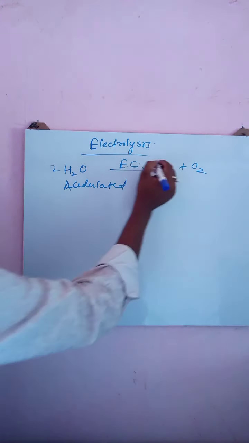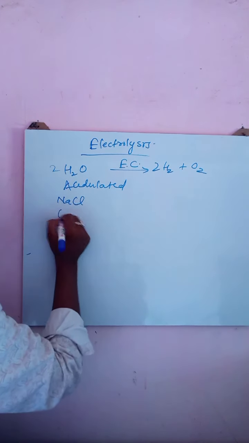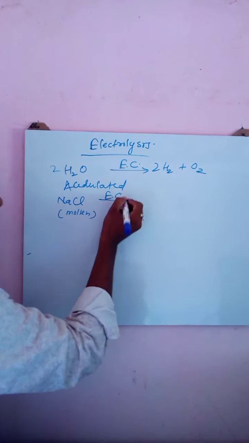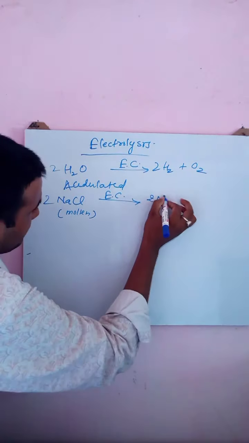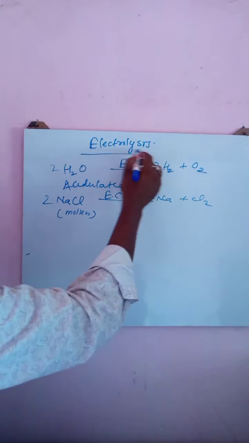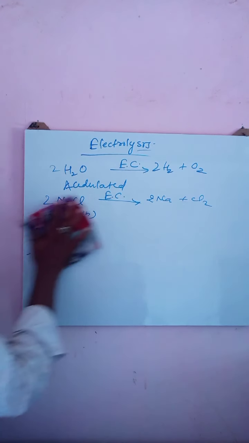One more example: molten sodium chloride also undergoes electrolysis, meaning decomposition in the presence of electric current, to form sodium and chlorine gas. Such kind of chemical reaction is known as electrolysis reaction. Electro means electric current and lysis means breakdown. When breakdown occurs in the presence of electric current, it is called electrolysis. So I hope you understood, you revised decomposition reaction.